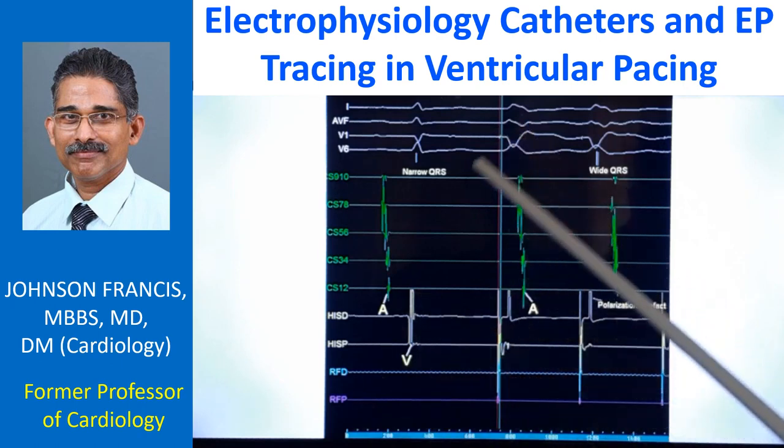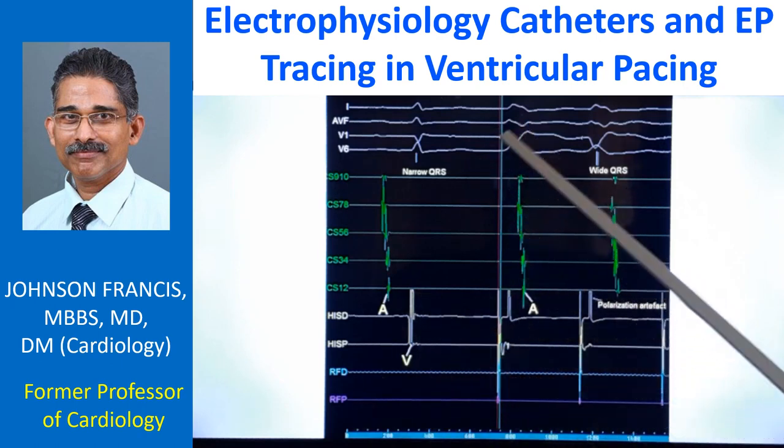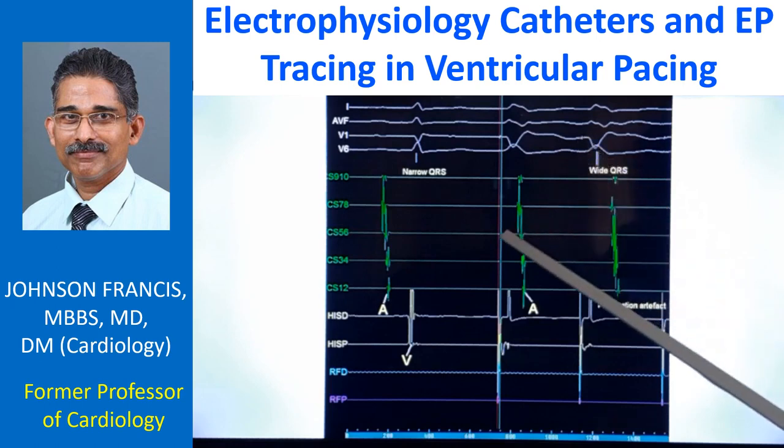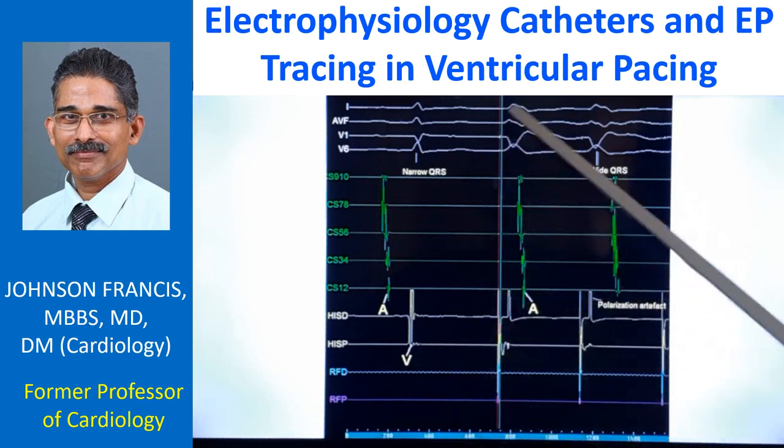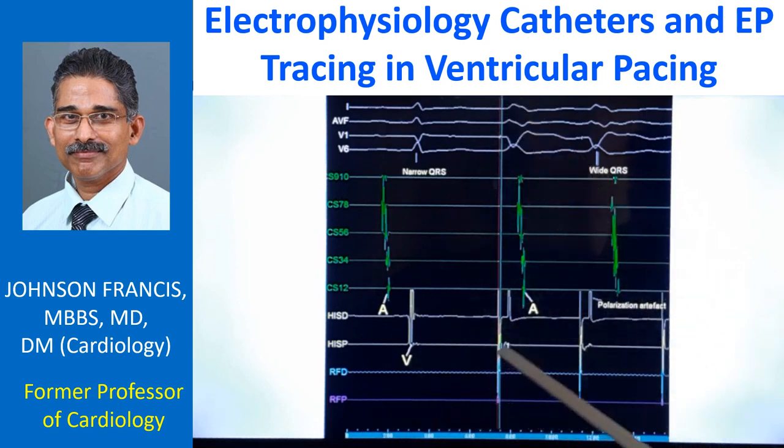This is a wide QRS preceded by a pacing spike. You can see a pacing spike. This is the pacing spike recorded, intracardiac pacing spike. This is the surface electrode pacing spike. And a pacing spike can be recognized by an associated polarization artifact in the lead from which the pacing is delivered.